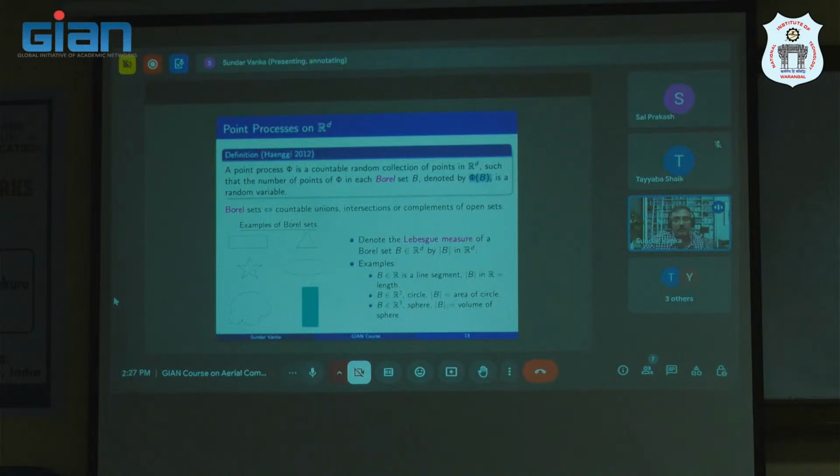If it's in R3, it is the volume. So imagine that it is just the volume or area or length, depending on the dimension. I'll use the term volume without losing generality. So the volume of that set is what is called the Lebesgue measure. Technically, that is what it is. Make sense? Okay.